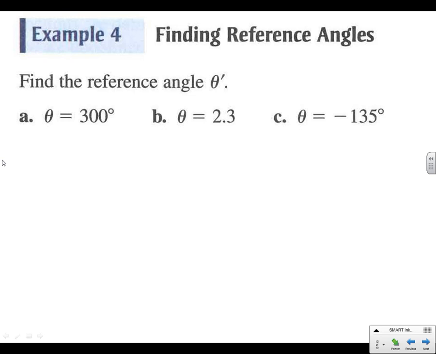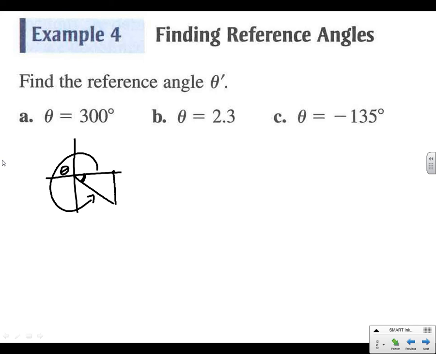Find the reference angle for theta prime. So 300 degrees is over here in quadrant 4. To get there, we spin around like that. That's 300 degrees, that would be our theta. Let's figure out our reference angle. The reference angle is if we go straight to the x-axis and figure out this angle in here.